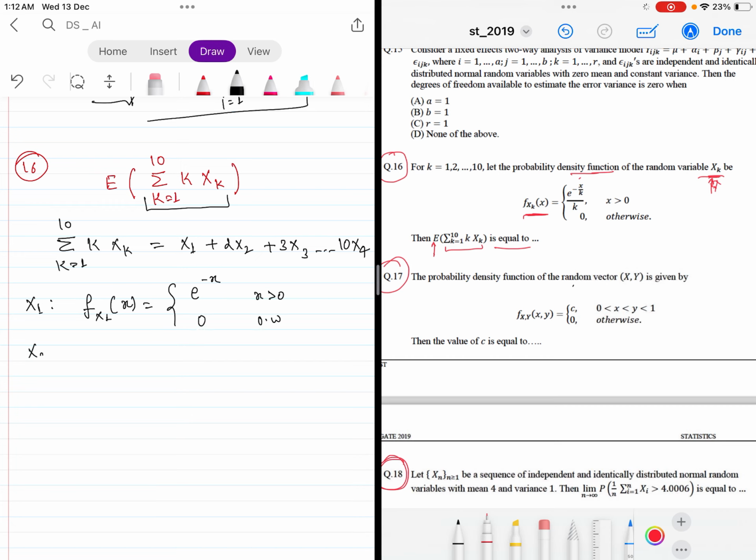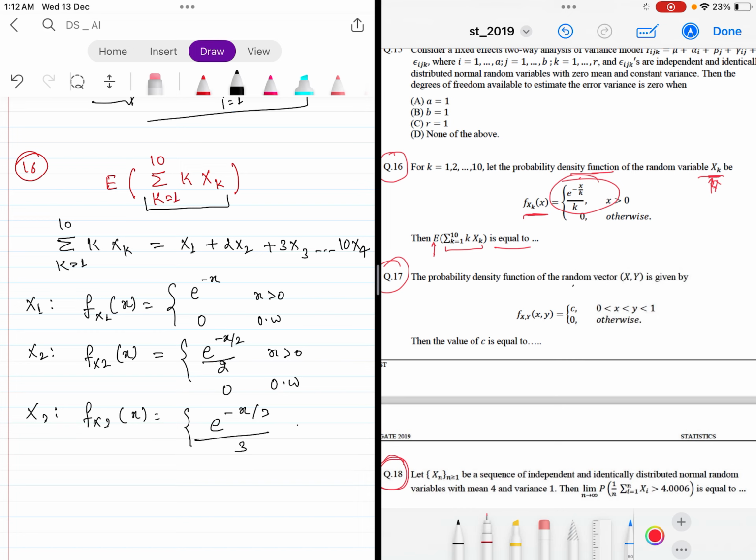Similarly for x2, it is e to the power minus x divided by 2 for x greater than 0 and 0 otherwise. Similarly for x3, it is e to the power minus x divided by 3 for x greater than 0 and 0 otherwise.